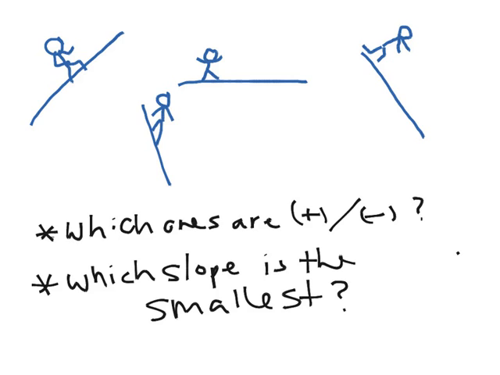So first thing I really want you to look at, like which ones are positive, which ones are negative. You can see right here, in this one, he's going uphill, right? So if you put your coordinate planes in this, you can see, if you're used to graphing, now this is actually going to be a positive slope.